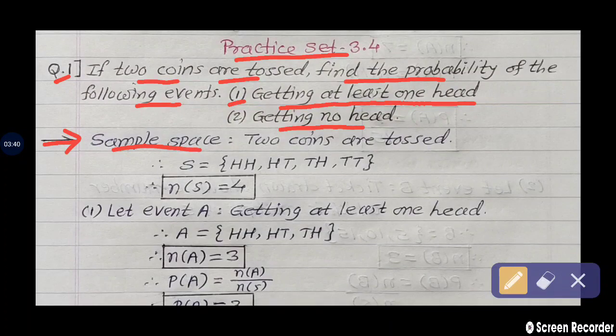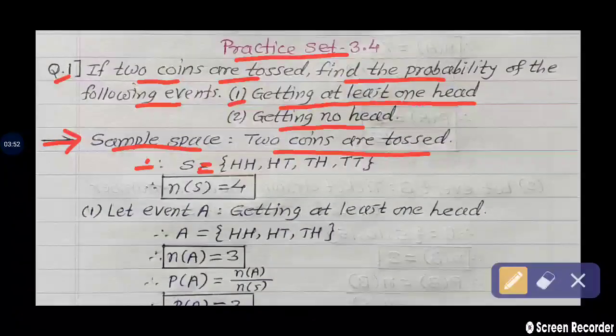Sample space. We find the sample space when two coins are tossed. Therefore, the sample space S is equal to, in curly brackets, HH, HT, TH and TT.